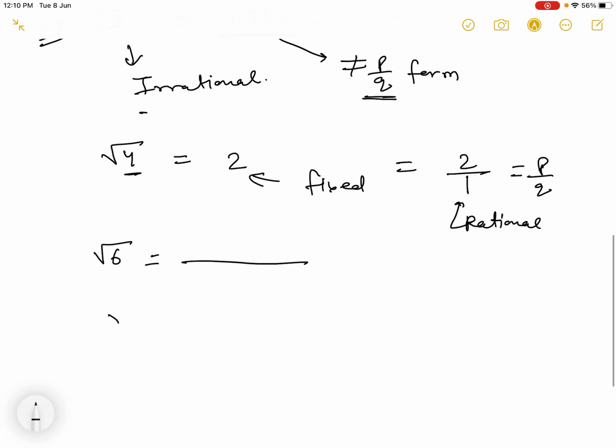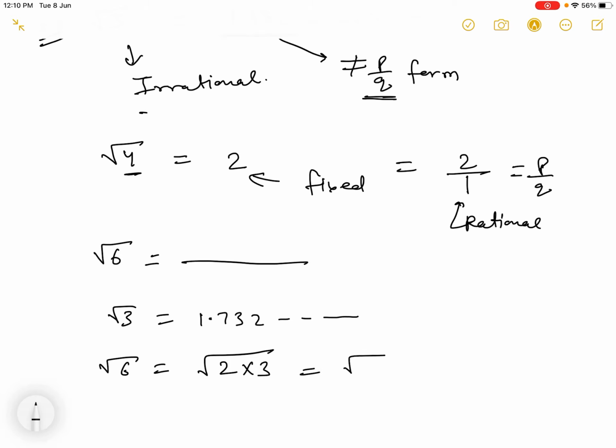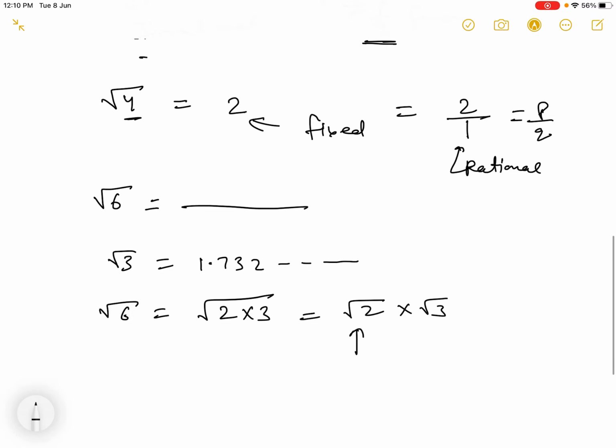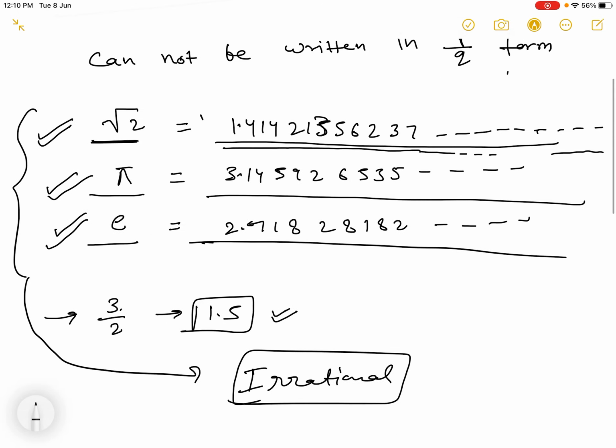We have root 3, 1.732, which is also not fixed. And root 6 is a multiplication of root 2 into root 3. We have seen root 2 is not fixed.